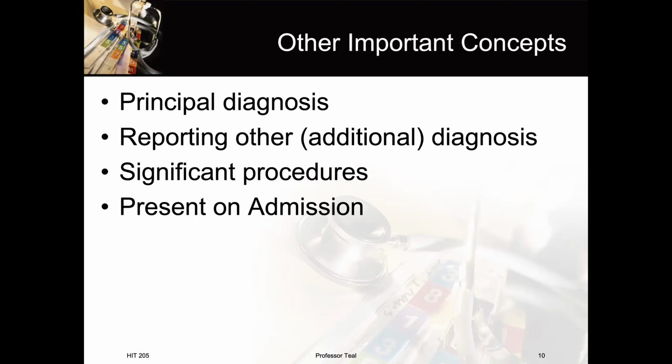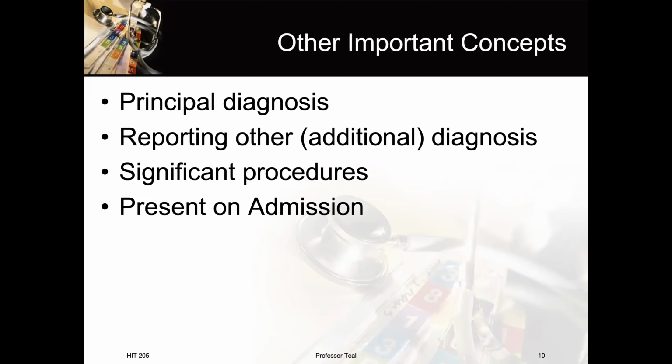If there appear to be two procedures that meet the above definition, then the one that's most related to the principal diagnosis should be selected as the principal procedure. So this all gets into sequencing.